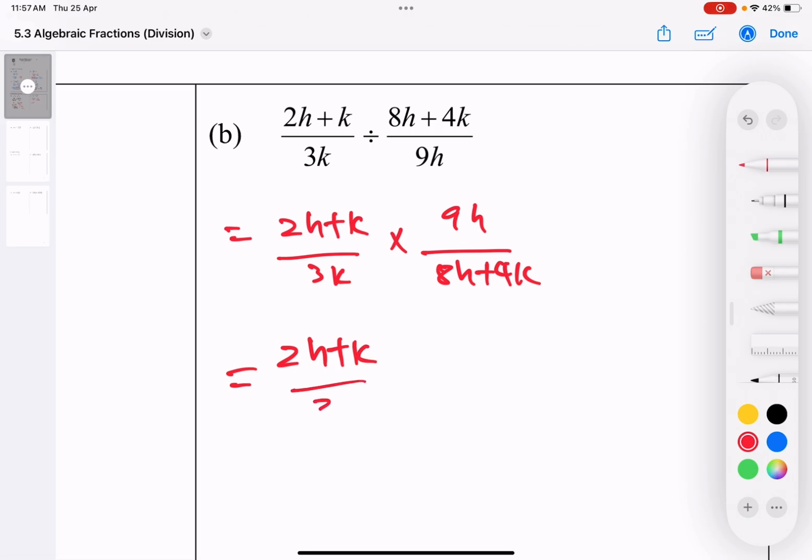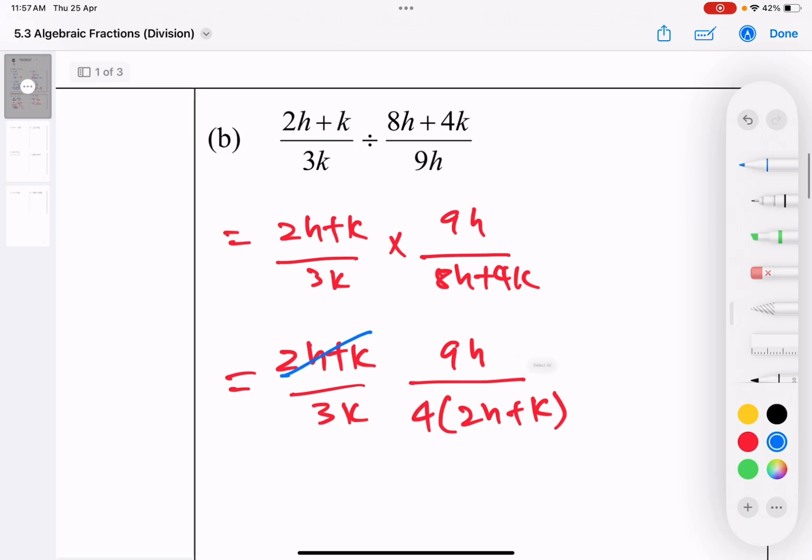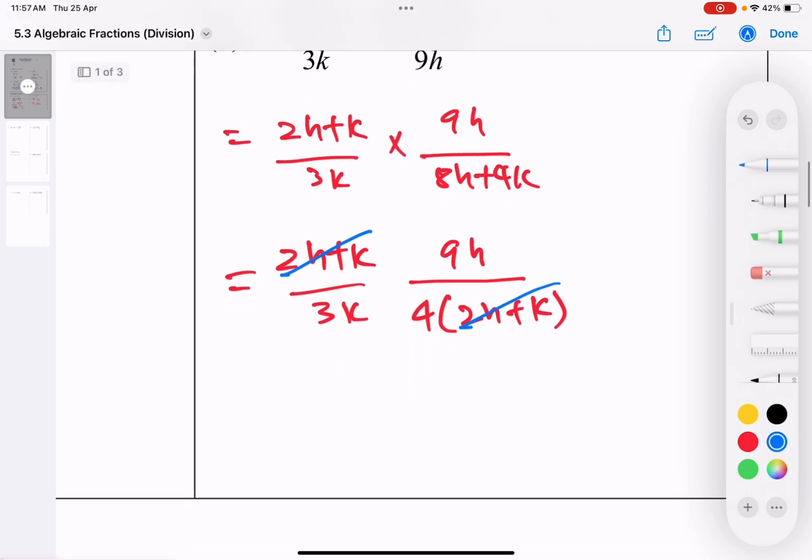2h plus k over 3k. Here I have 9h. I'm going to factorize out a 4, 2h plus k. Now, after I factorize, I will try to cancel things that are the same. I realize that this and this I can cancel. So what is left behind? 9 over 3 times 4.